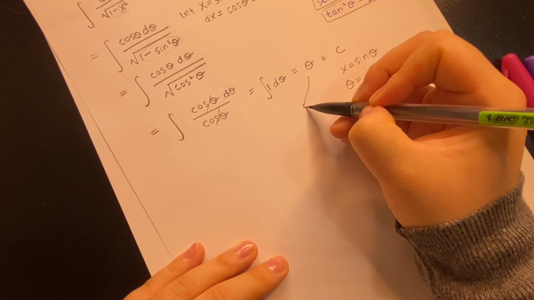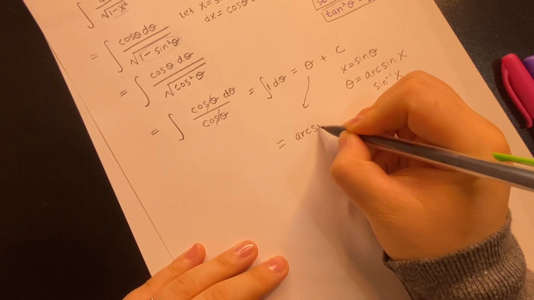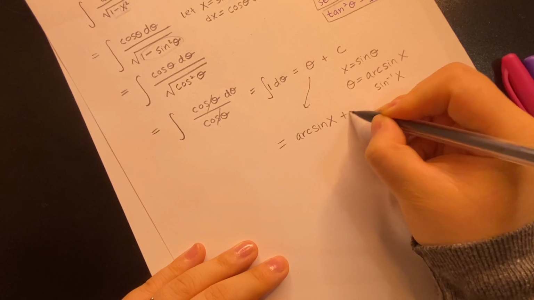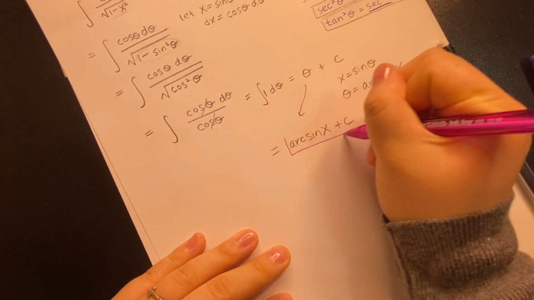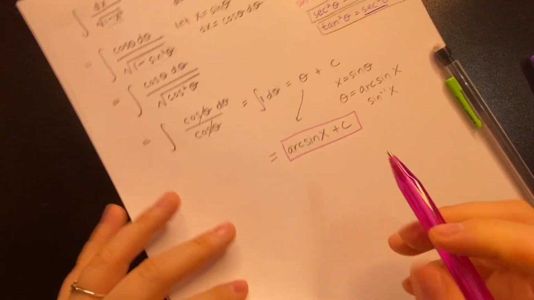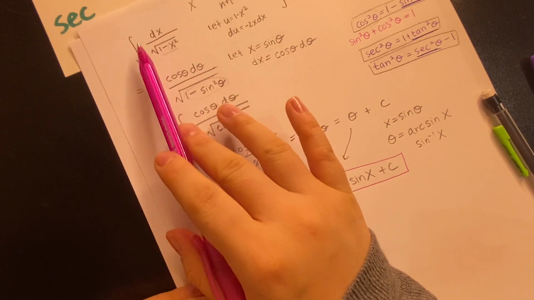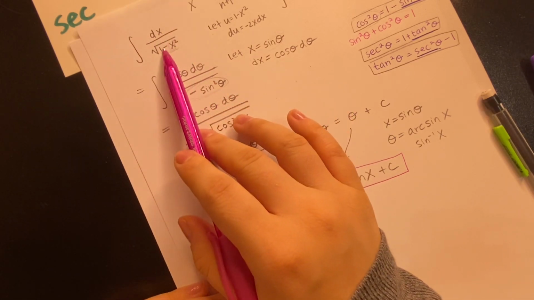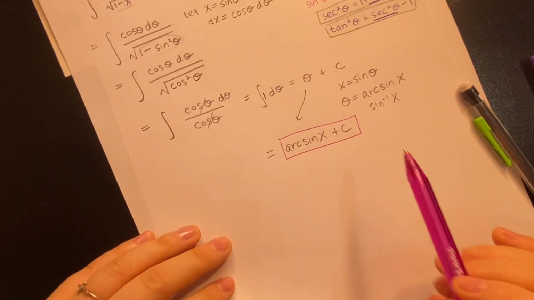Our answer is arc sine x plus c. So this is actually the integral of 1 over the square root of 1 minus x squared with respect to x is arc sine x plus c.